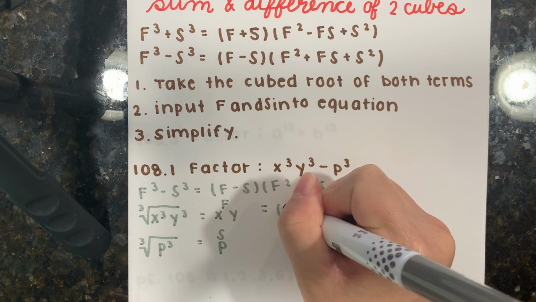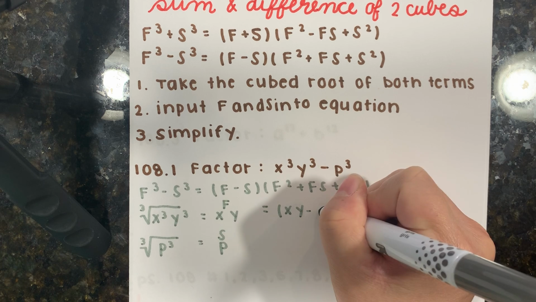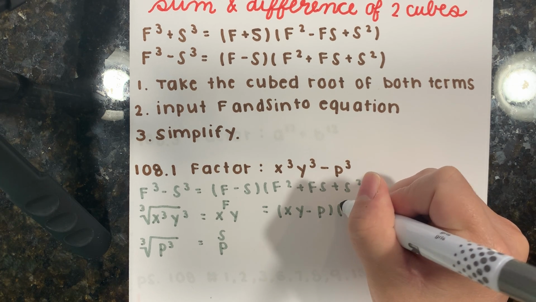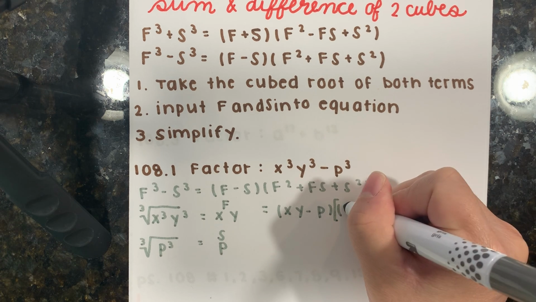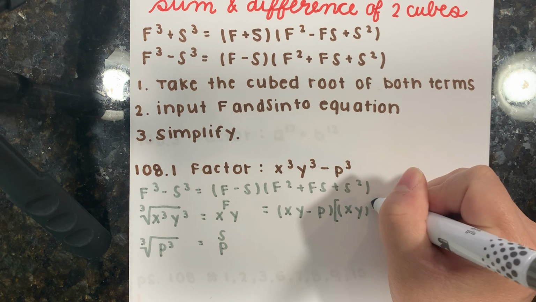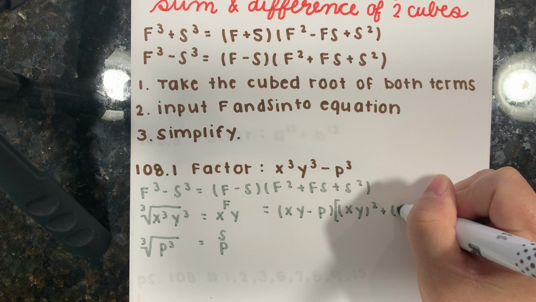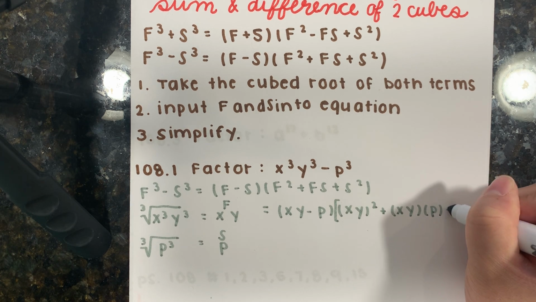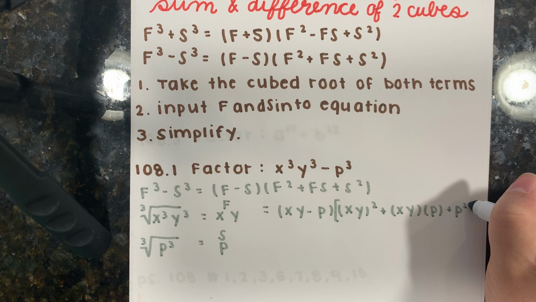So it'll be f, which is xy, minus s, which is p, times, I'm going to do this in parentheses, xy squared plus xy times p plus p squared.